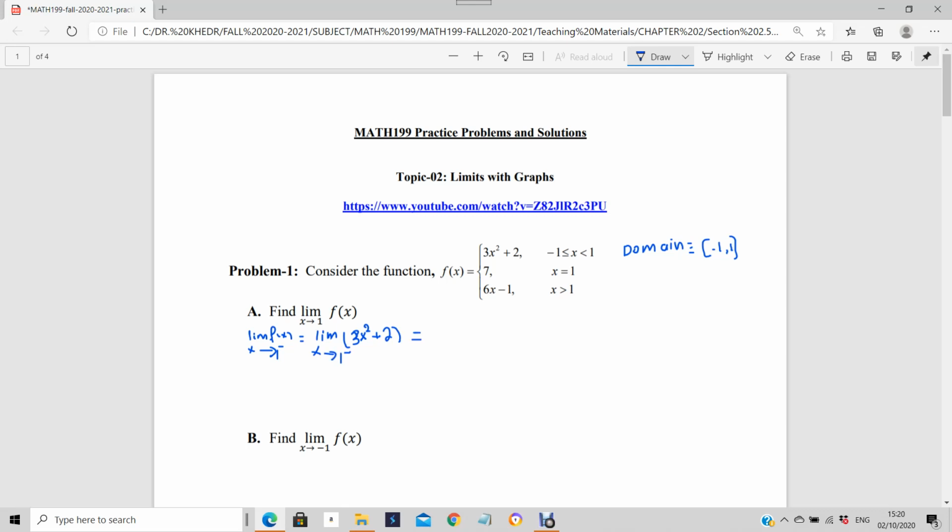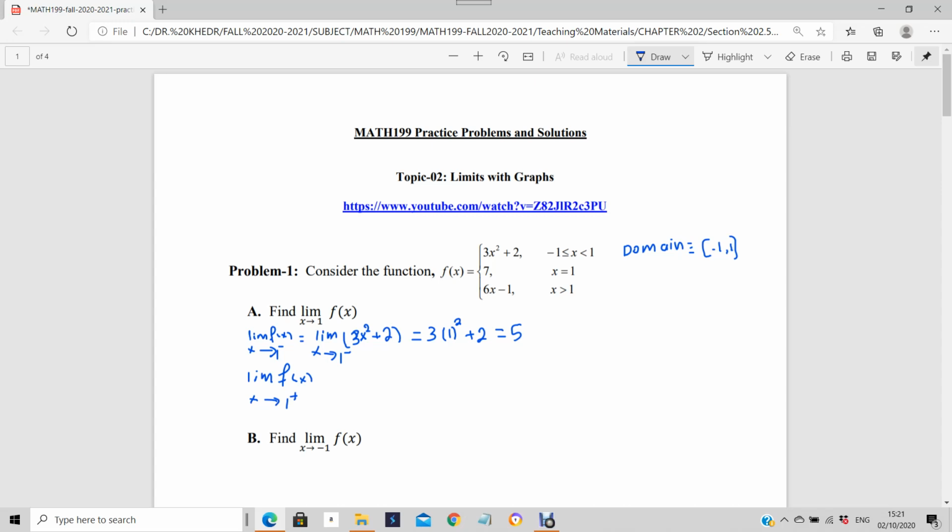And we will use the substitution method. If x is replaced by 1, this will give us 3 plus 2, that is 5. So the left side limit at x equals 1 equals 5. Now the right side limit, lim f of x as x goes to 1 from right side, means we are talking about x greater than 1.